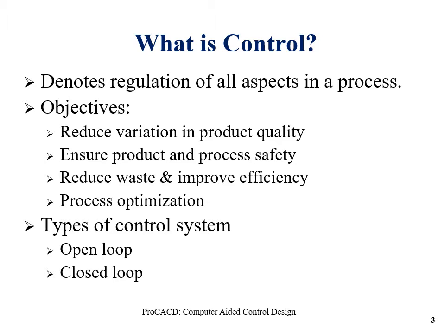What are the main objectives of process control? First and foremost, process control methods or strategies are generally used to reduce variation in product quality and maintain product consistency through the production cycle.